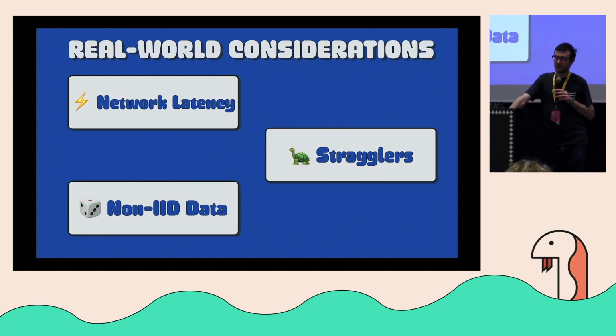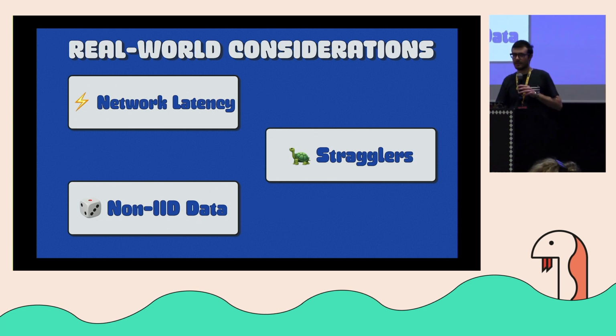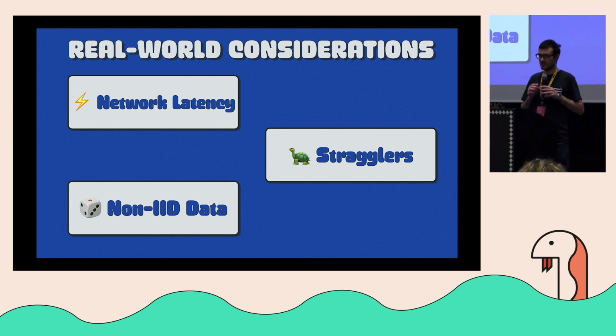Some other considerations are worth discussing. The first two are important if you run federated learning applications in real-life scenarios, because you also have to deal with clients that decide to stop doing the training. You have to deal with some latency, maybe because of the network.